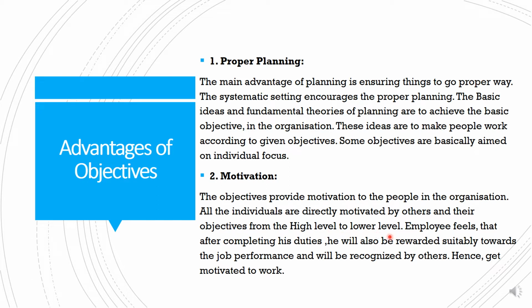What does that mean? If, let us say, your colleagues or peers have got certain objectives, you will see their objectives and you will feel, oh, even I can do that work, and you would also be motivated to take some more challenging tasks as your objectives.